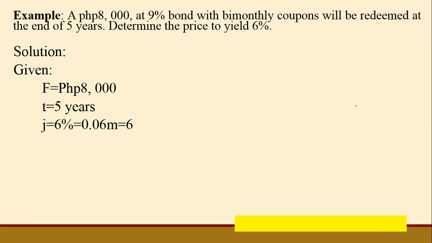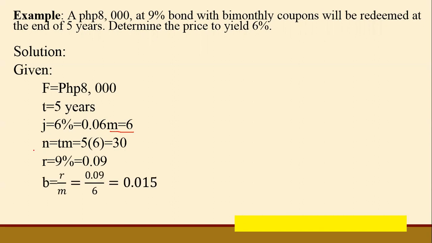Nominal interest rate is 6%. Tapos yung number of conversion per year is 6. And then yung number of payment is 30 times. Next, yung bond rate natin na 9%. Periodic bond interest rate is 0.015. And then the periodic interest rate is 0.01.